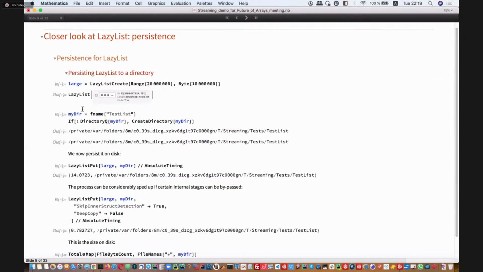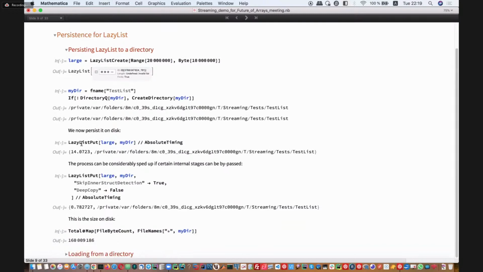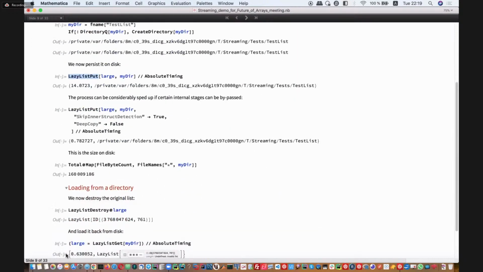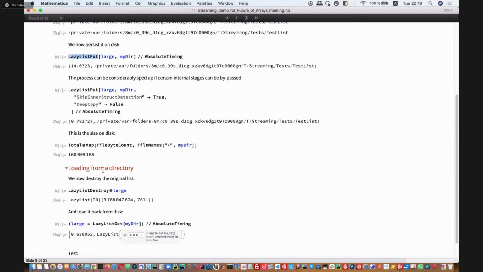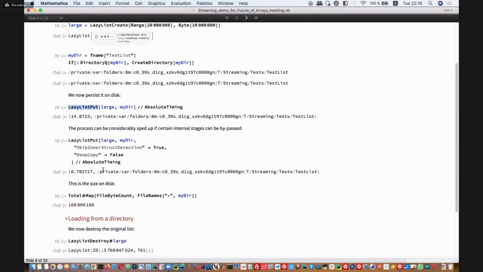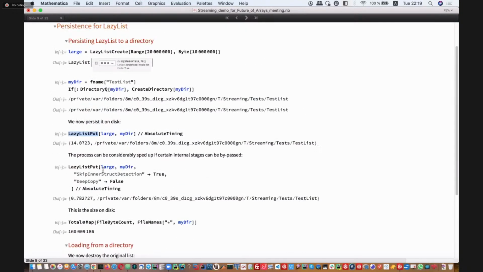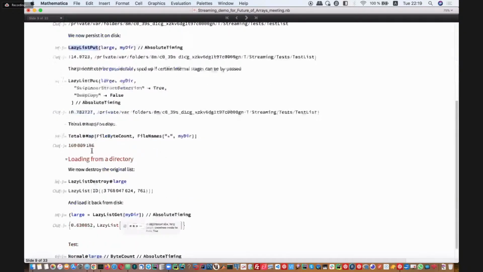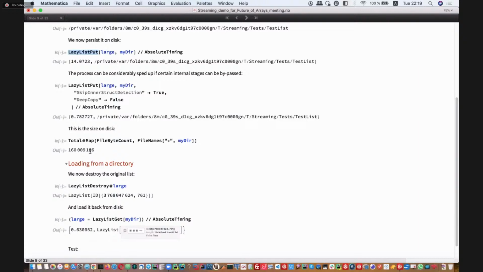You can basically persist. I have this lazy list put, which allows you to persist a lazy list on disk, and then lazy list get to get it back, so that this way you can serialize things to be available for new sessions. There's more to design around that.